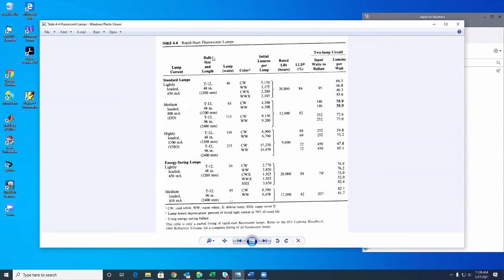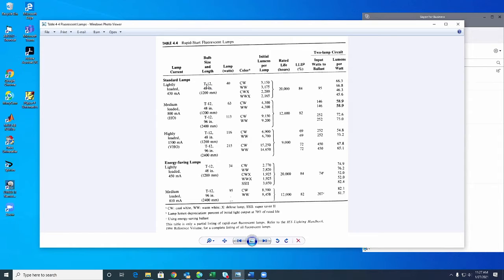Okay, now these are fluorescent lamps. Now, look, here, the bulb size and length. So here are the lengths, 48 inches, 96 inches, 48 inches, that's 4 feet, and then 8 feet, and then T. So what's the T? The T12 is the diameter.